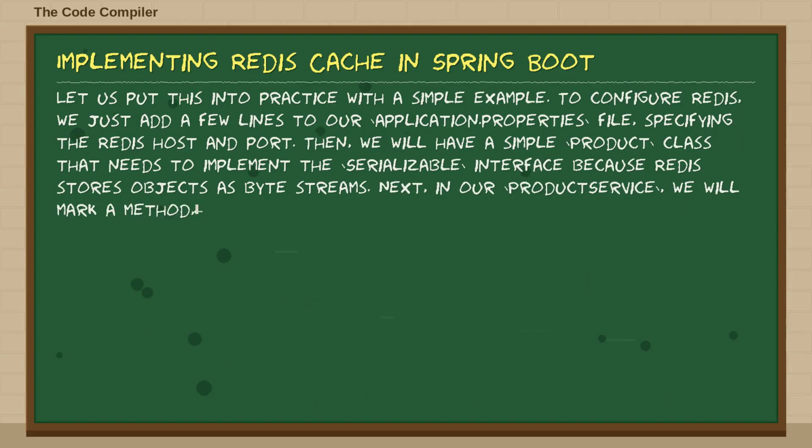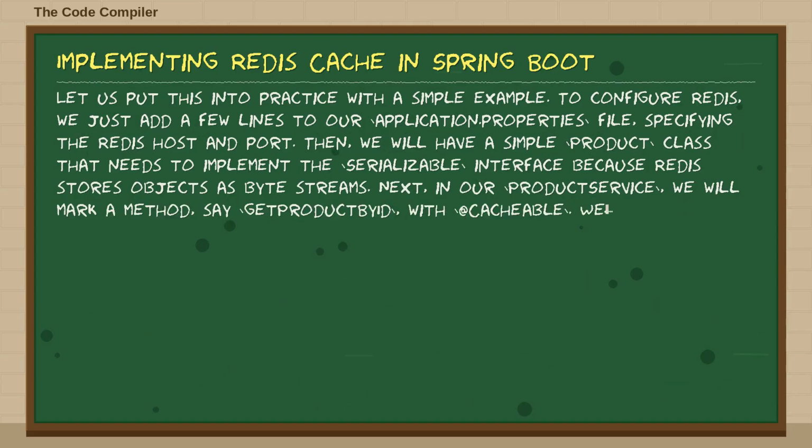Next, in our product service, we will mark a method, say getProductById, with @Cacheable. We specify a cache name, for example, products, and a key, which could be the product identifier. This tells Spring Boot to cache the product object based on its identifier.